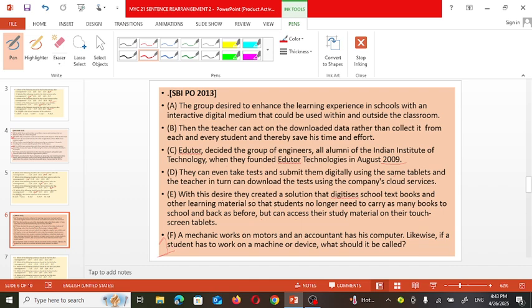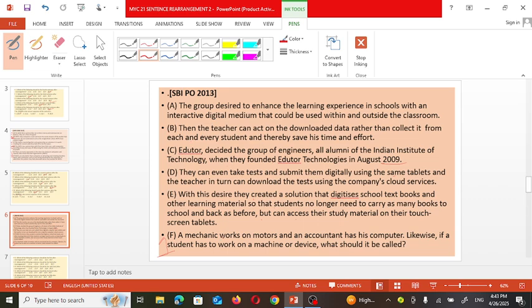F will be our first statement because the whole paragraph is giving information about this digital education system, isn't it? F is your opening statement which establishes a link between mechanic and an accountant, and also it raises a question which opens the other discussions. So F will be the first statement.